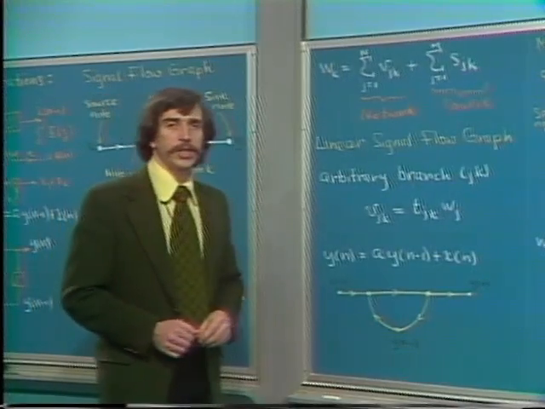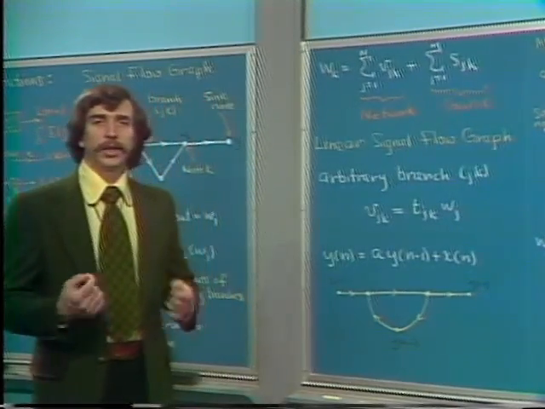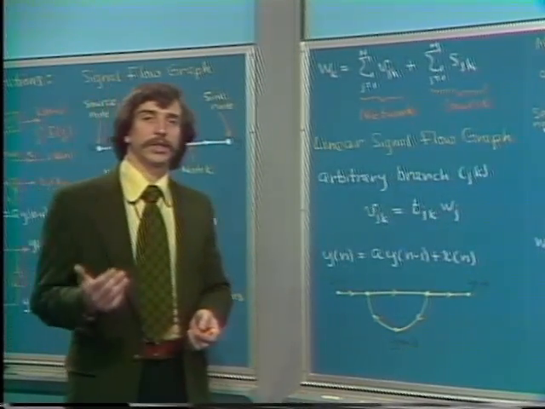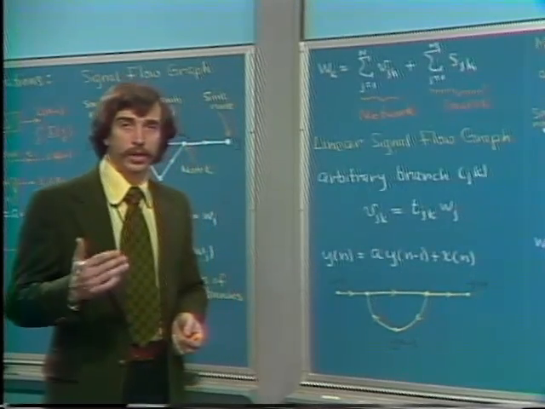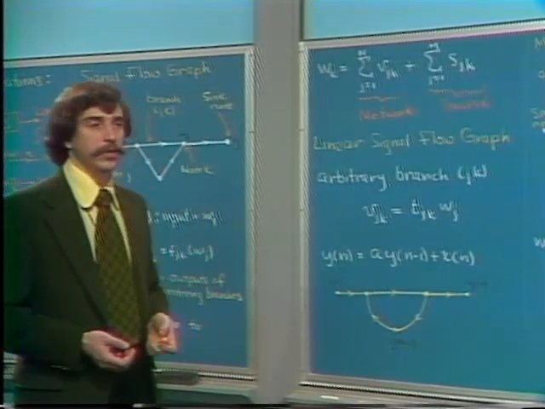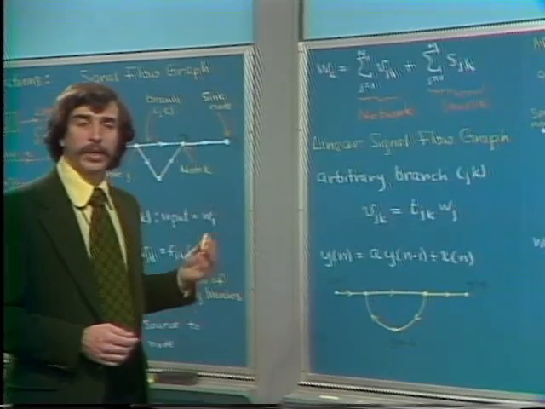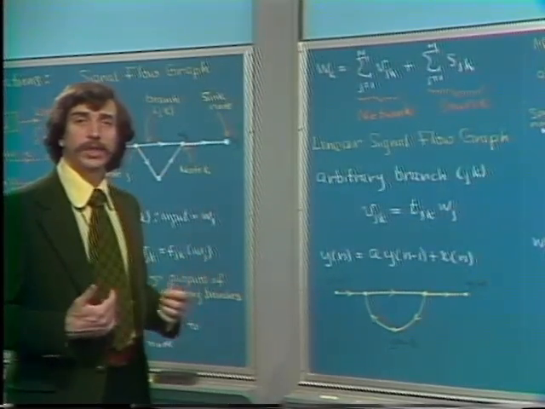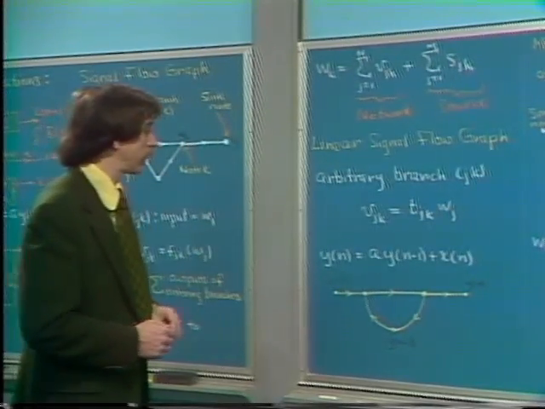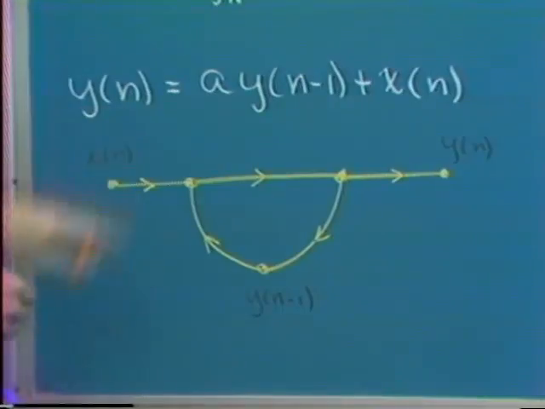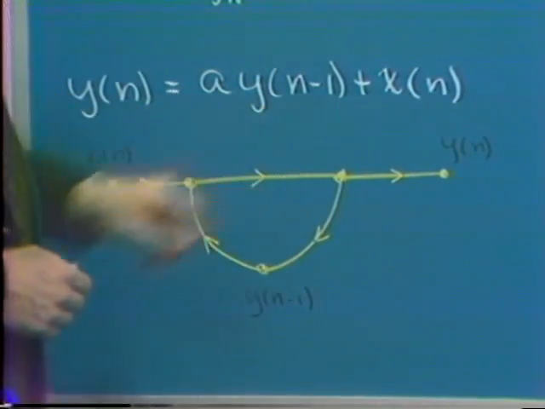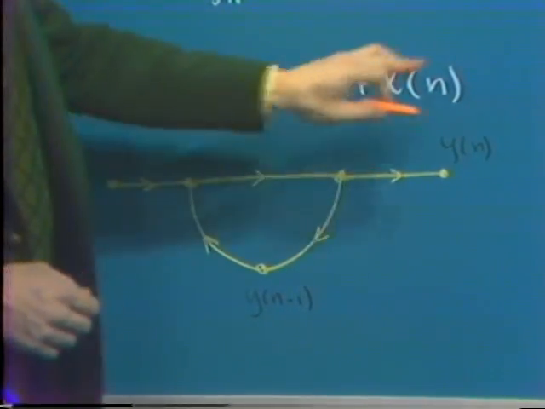Okay, well, to see how a linear constant coefficient difference equation can be represented in terms of linear signal flow graphs, let's take the same example that we worked with previously in terms of the block diagram notation. In other words, y of n is equal to a times y of n minus 1 plus x of n.